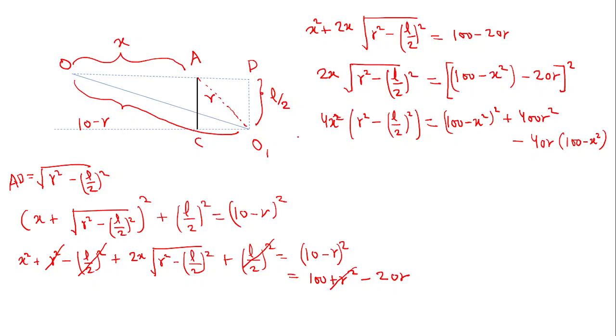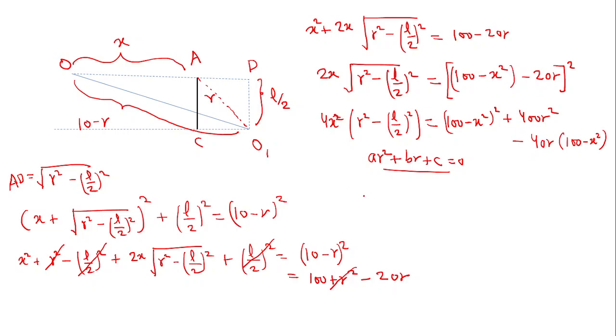So now you just collect the coefficient of R square and try to bring it in the form aR square plus bR plus c equal to 0. Collect all the R square terms: R square here and 400 R square here.